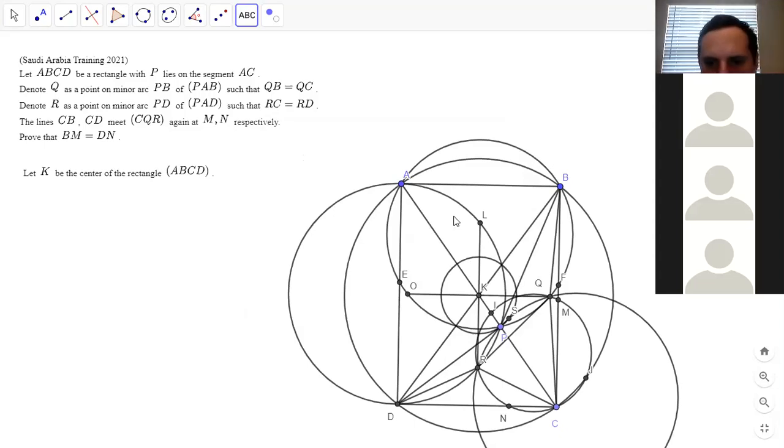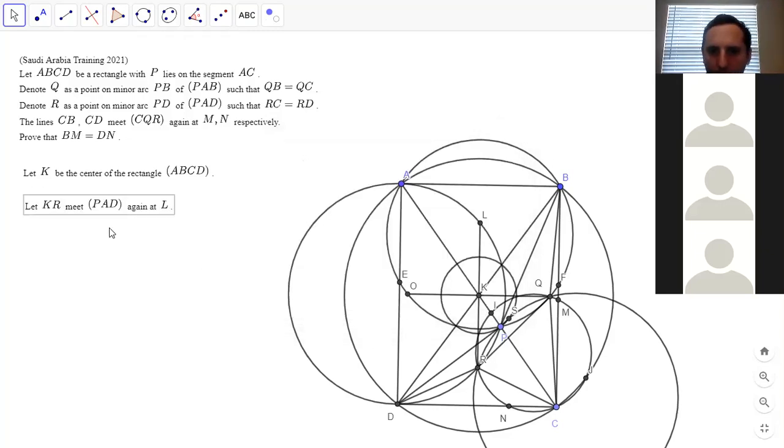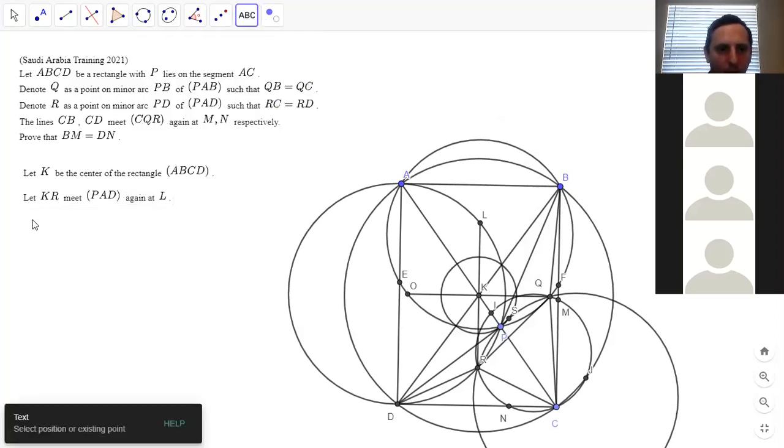And then let KR meet the circle PAD again at L. And then similarly, let KQ meet PAB again at O.